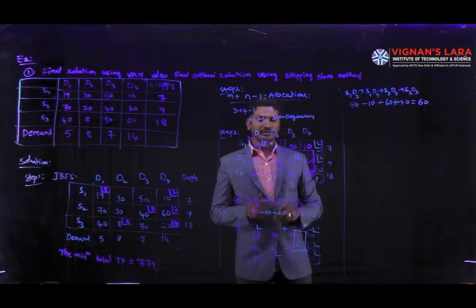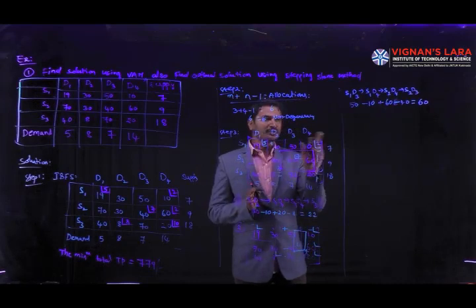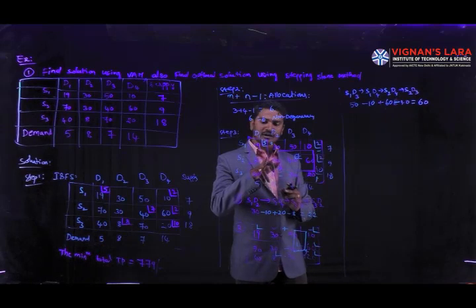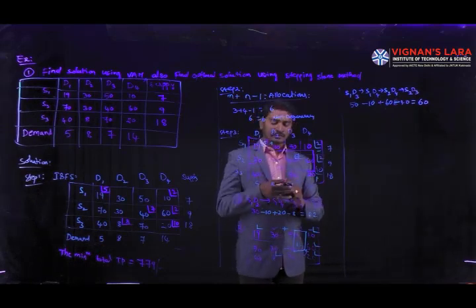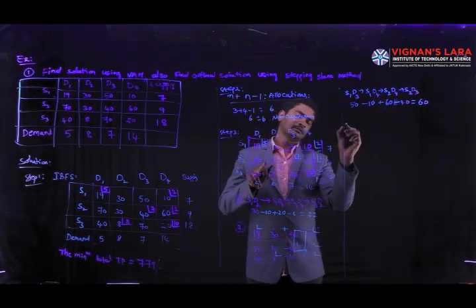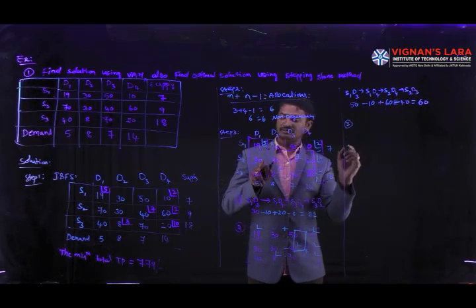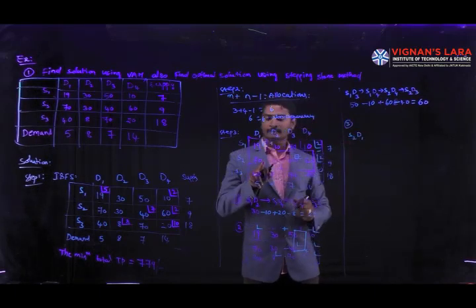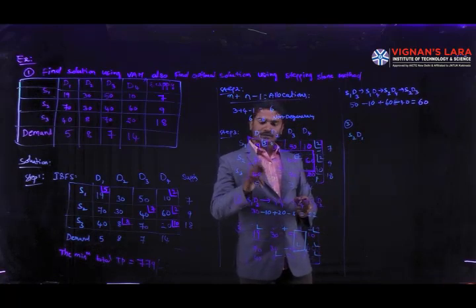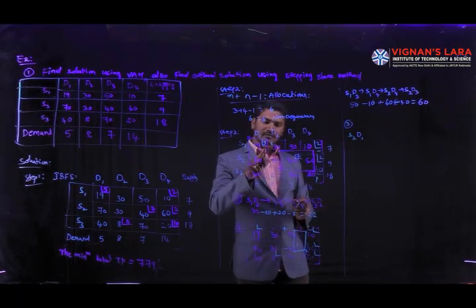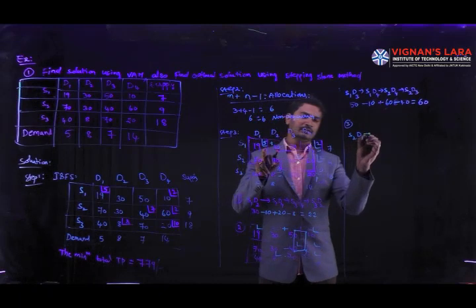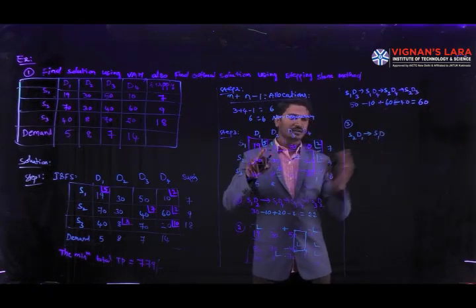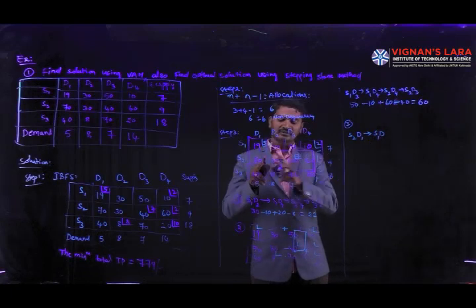Okay, 2 loops are over. It means first row loops are over. Next, coming to the second row, now we are going to start the loop from the first cell, that is S2 D1. Here we have one allocation, S1 D1, or otherwise we move in this direction.